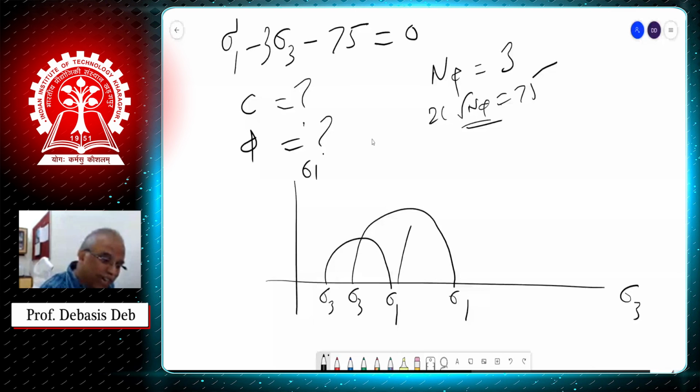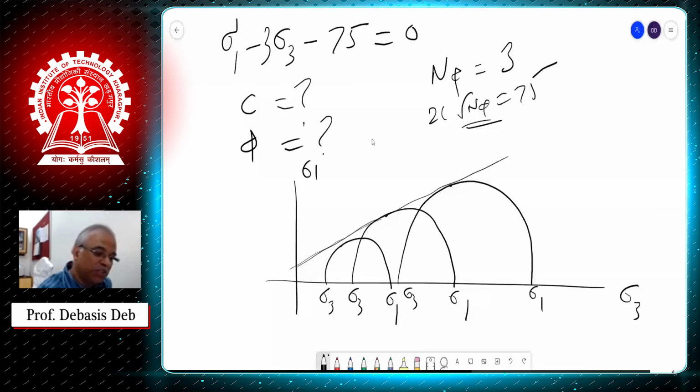Then we try to plot a line which gives us more or less the common tangent. It's very difficult to find, so you more or less draw a common tangent. Why common tangent? Because all of them are coming from the same sample, the same rock core, so we assume their properties will be the same, C and phi.